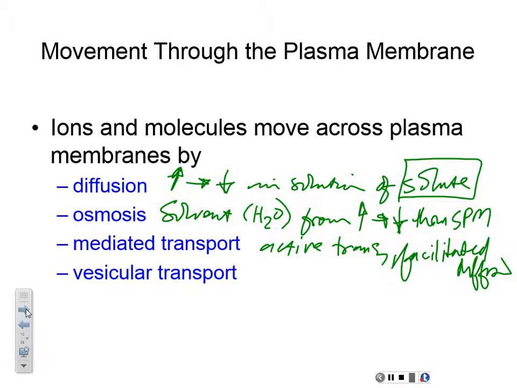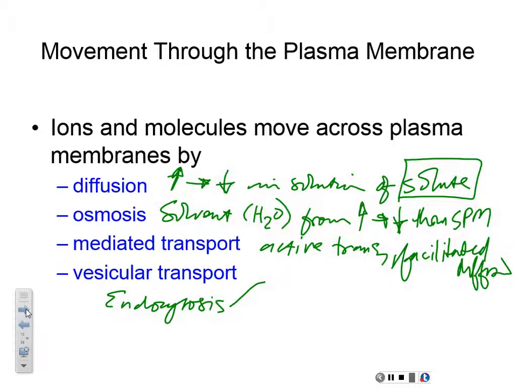And then vesicular transport. What are the two forms of vesicular transport? Endocytosis. Now, there are three types of endocytosis based on the characteristics of the substance being moved. What's the most common kind of endocytosis, done by immune cells like macrophages?